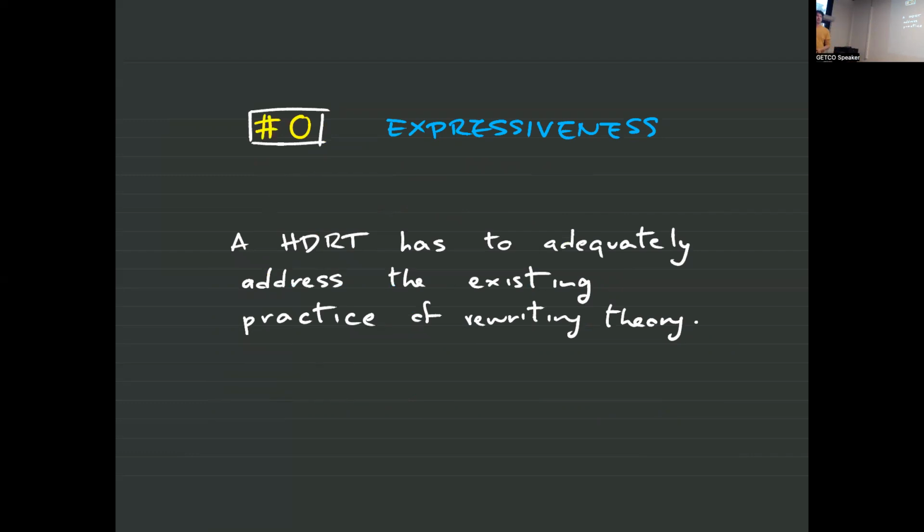Expressiveness is just the fact that the starting point of high-dimensional rewriting theory is that it unifies all these flavors of rewriting theory that people are actually interested in, like the examples that I've given. So there's a way of putting abstract rewrite systems in this.